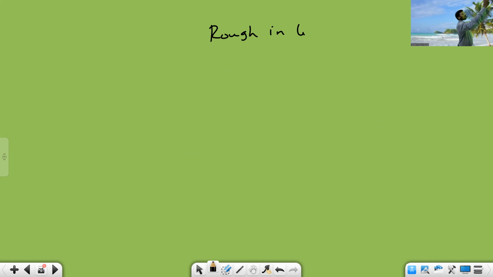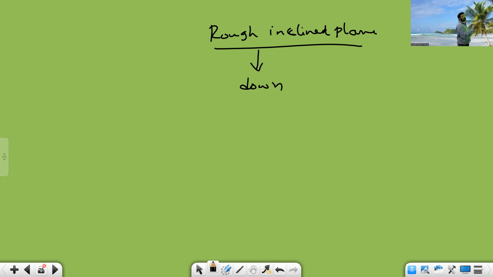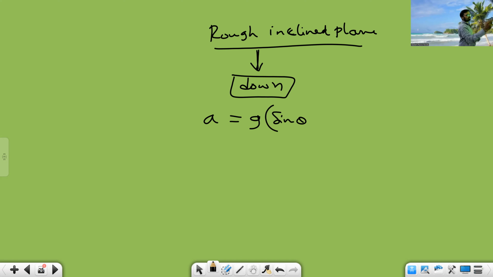First we'll write the rough inclined plane. Here in the rough inclined plane, the body is coming down. I'm not drawing all the diagrams, just giving the equations. For a body moving down a rough inclined plane, a is equal to g sin theta minus mu k cos theta, that is, a equals g into (sin theta minus mu k cos theta).